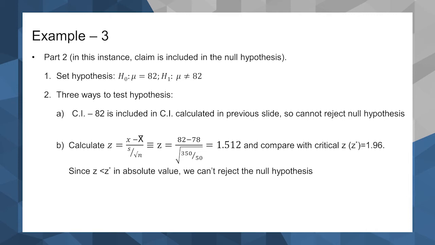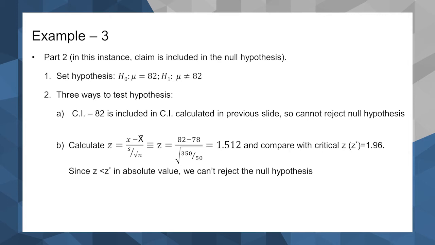And because 82 is included in that range, that means we can't reject. We cannot say that the mean is not 82, because we said with 95% confidence that the true mean is between 78 minus 5 point something, so 72 point something, and 83 point something.